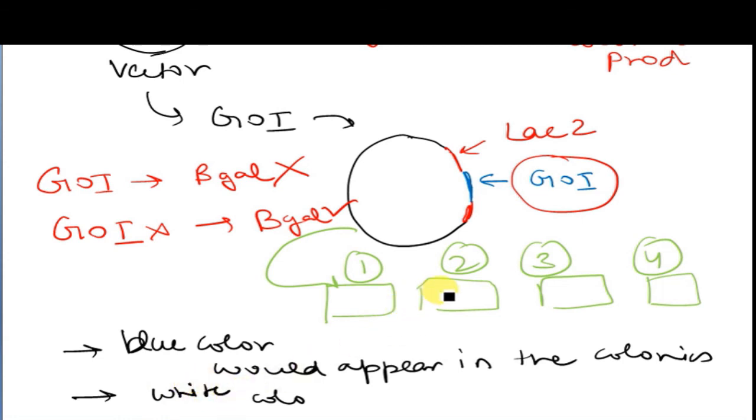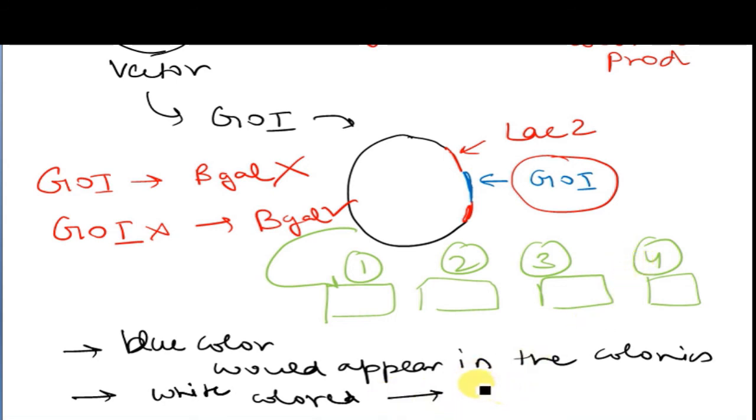Because here the gene of interest has been integrated between the LAC-Z gene, and the LAC-Z gene would be non-functional, and therefore it won't be able to produce the beta galactosidase, and it won't convert the X-gal into the blue colored product.